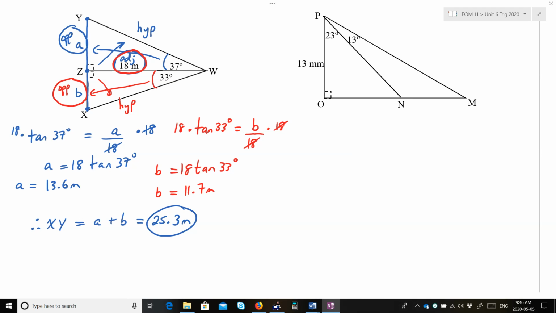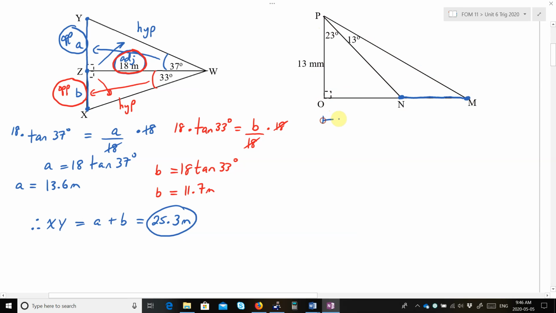Okay, in letter B, it wants us to find MN, this distance right here. You'll notice that MN is not in a 90-degree triangle. We have the big 90-degree triangle on the outside completely, and then there's this smaller 90-degree triangle. So we have to use those two. The plan of attack is this, guys.